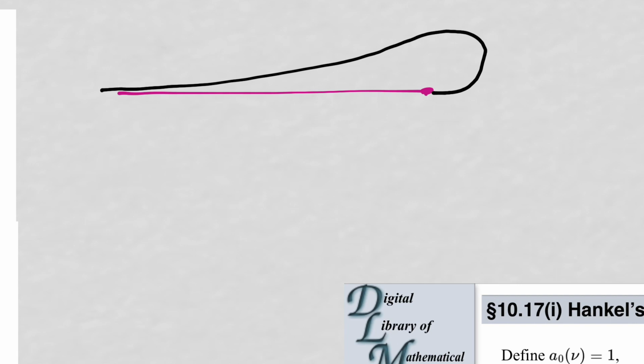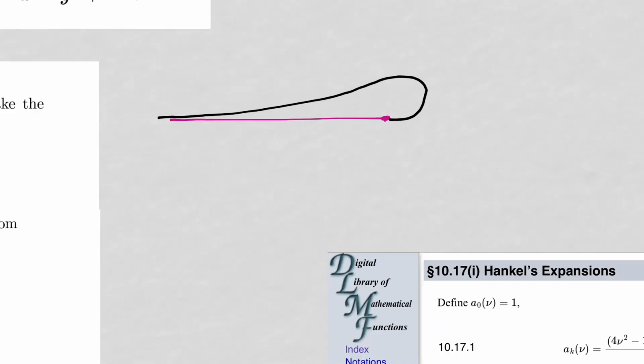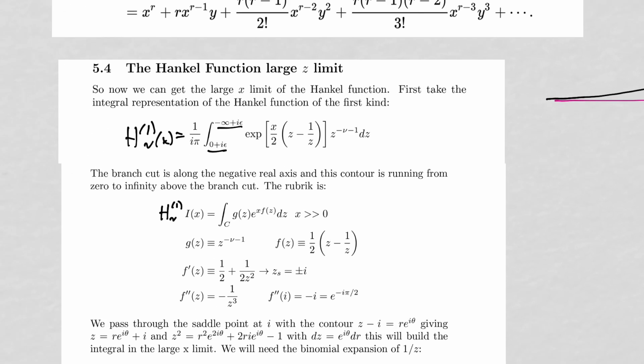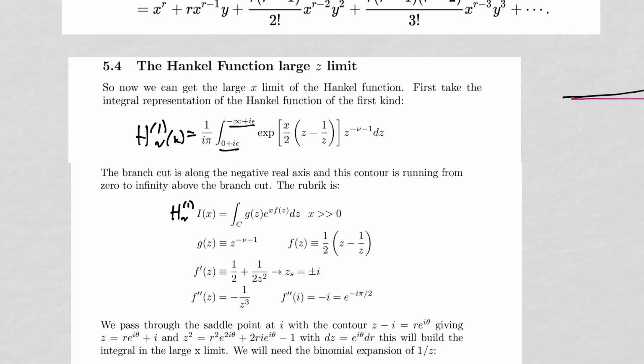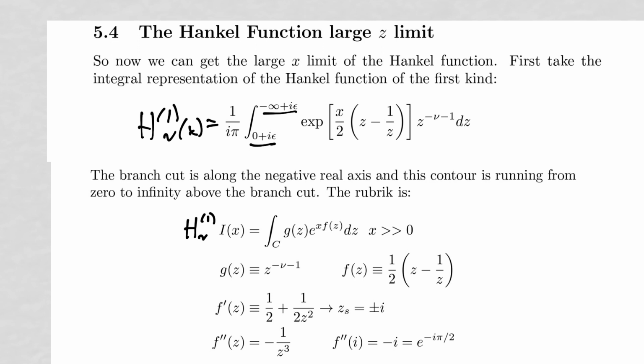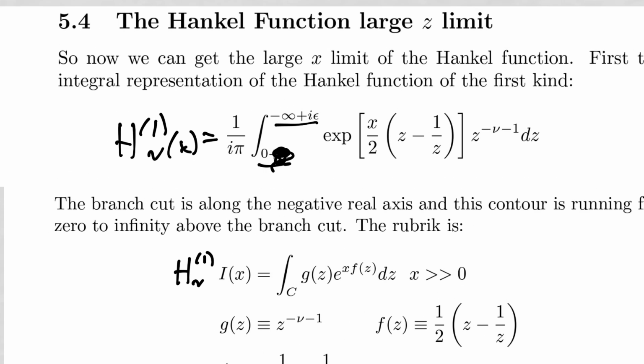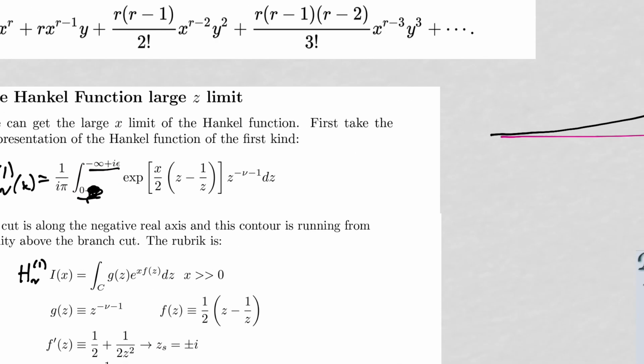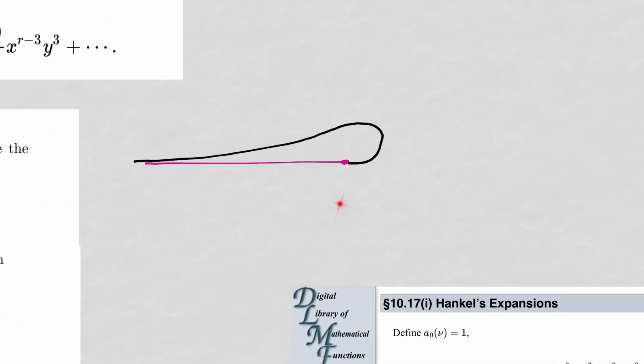That will be the contour associated with the Hankel function of the first kind, meaning we integrate the integrand we found in our last lesson along the contour I just drew, which is symbolically indicated as the origin plus a little bit to minus infinity plus a little bit of imaginary amount. In principle we can almost get rid of this plus i epsilon and just say from the origin, but you can't articulate the actual contour in this notation. You have to draw it.